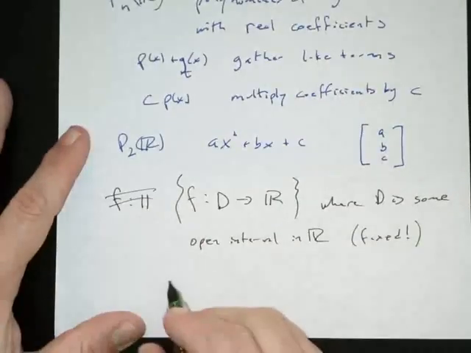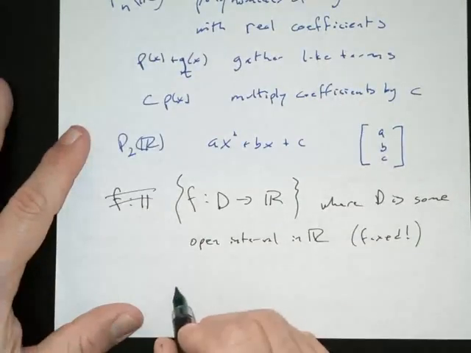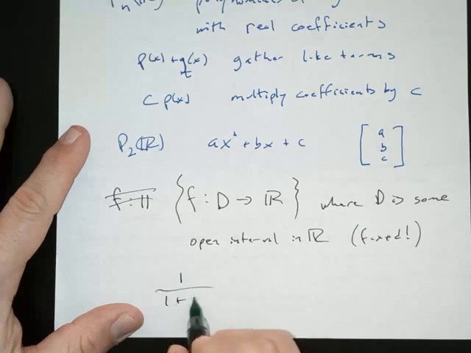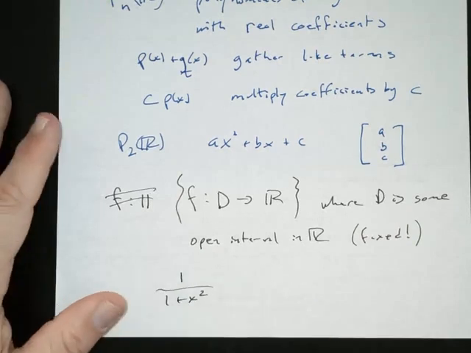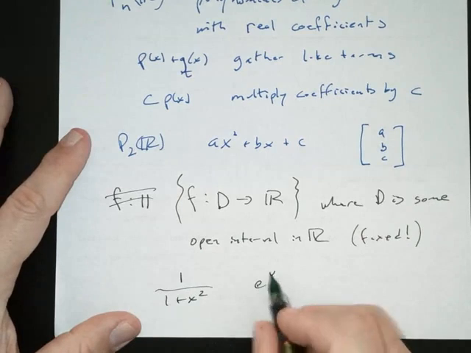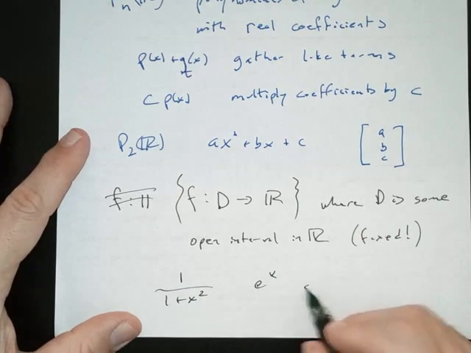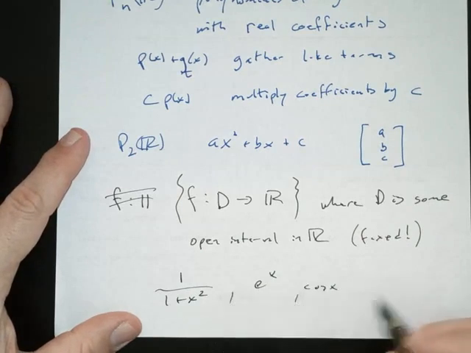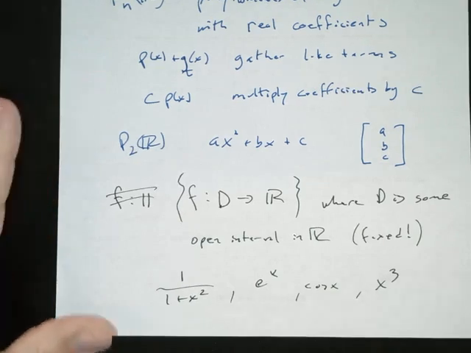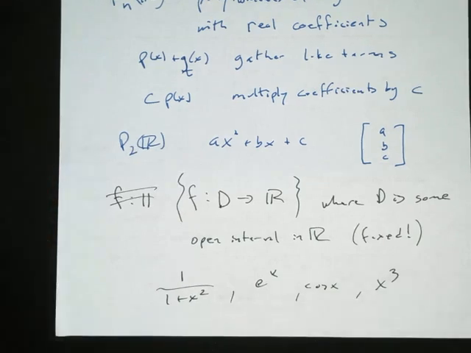But then this that's defined everywhere. E to the x is defined everywhere. Cosine of x is defined everywhere. X cubed is defined everywhere. So I have functions. And the rules of algebra that we use are exactly those same 10 properties we've already listed.